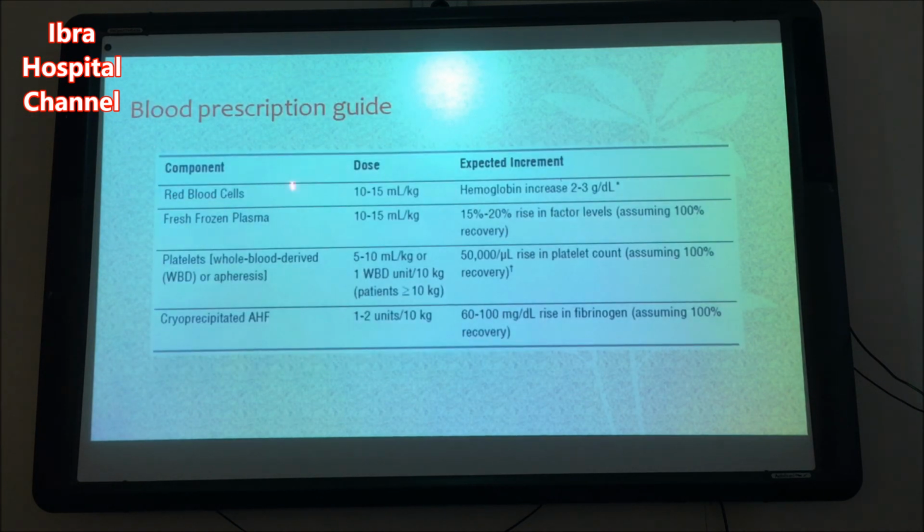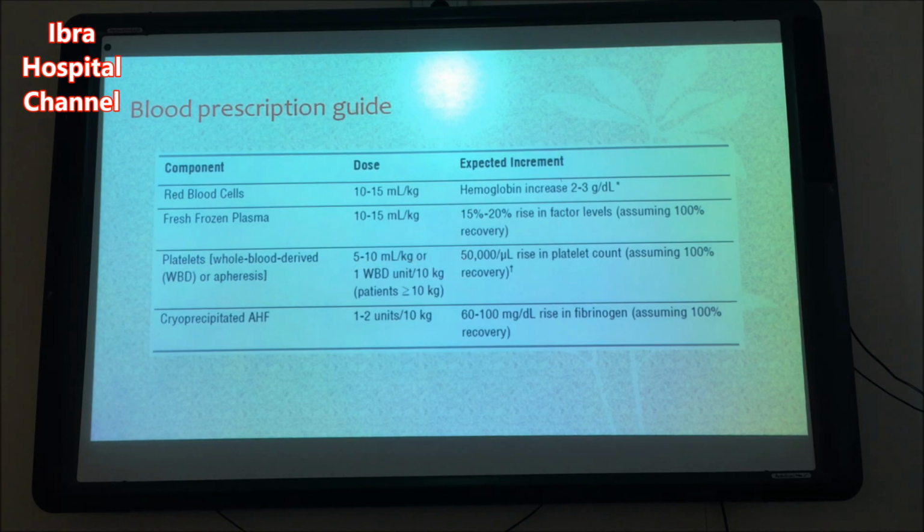For red blood cells, again, the dose should be calculated for babies as 10 to 15 ml per kg to increase the hemoglobin by 2 to 3 grams per deciliter. For FFP, the same dose is used. And for platelets, it's like 5 to 10 ml per kg.